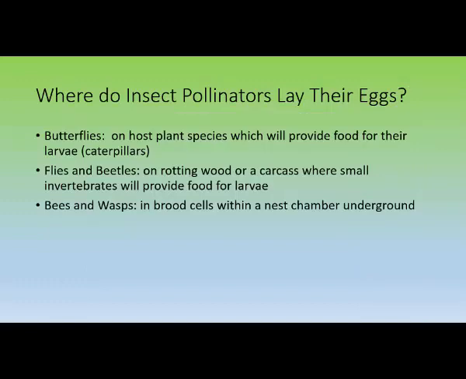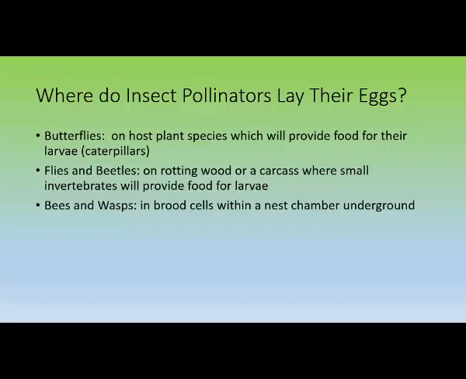So where pollinators lay their eggs is important. You think of a butterfly, and it's going to lay its eggs on the plant that the caterpillar, the larva, is going to feed on. The beetles and the flies, maybe there's a rotten carcass, maybe there's a log that is decaying, and that will provide food for the flies and the beetles. And then the bees and the wasps are in brood cells in a nest chamber.